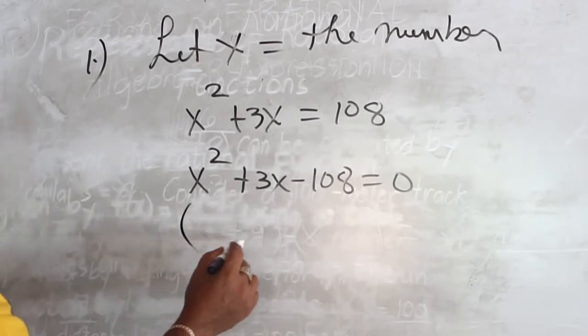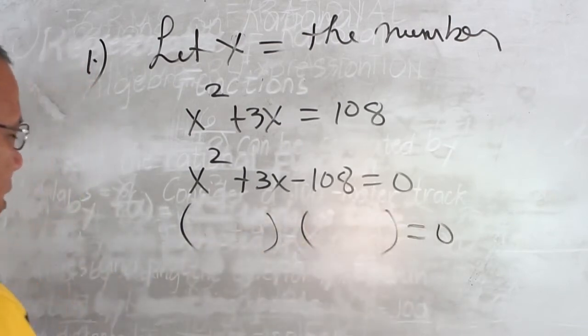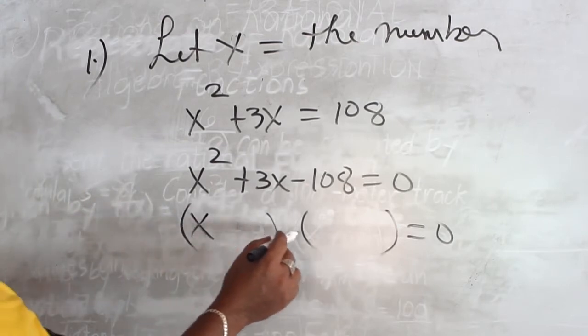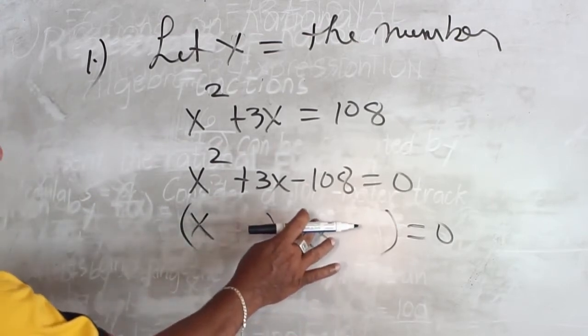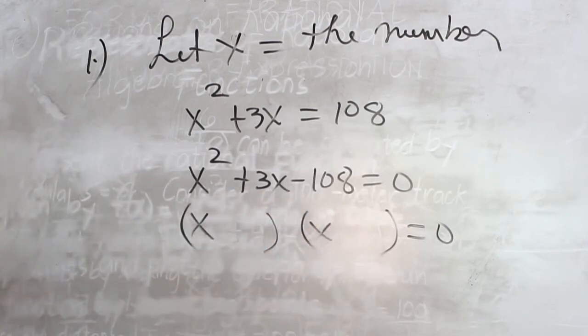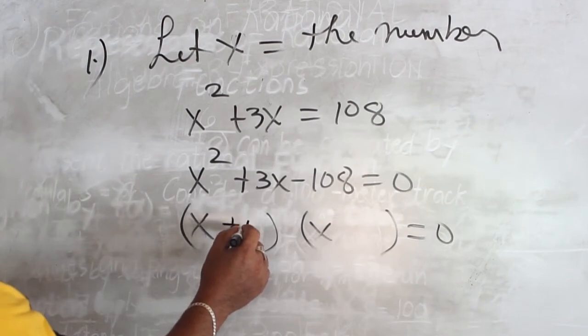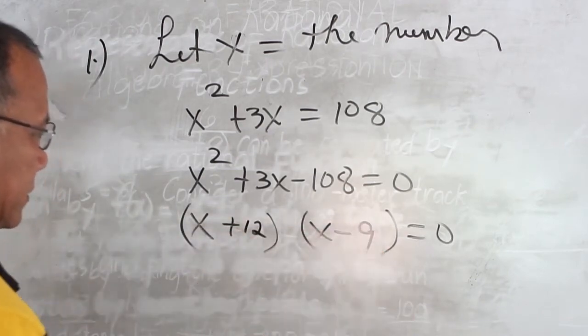So we have 2 adjacent parentheses equal to 0. The factors of x squared are x and x. The 2 factors of 108 whose sum is positive 3 are positive 12 and negative 9.